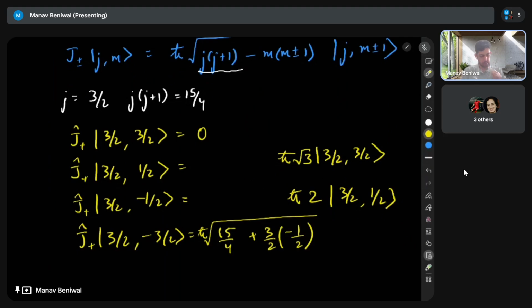So this is again minus 3 by 4. Okay, and then the state here will be 3 by 2 comma minus half. So this is again 12 by 4, so under root 3. So h cut times root 3 again.